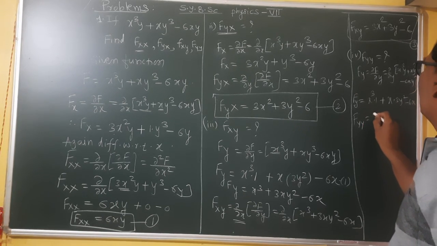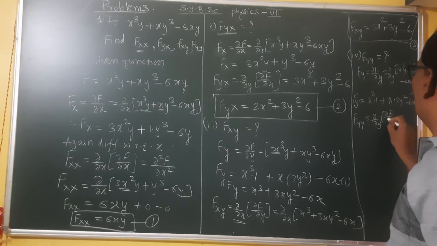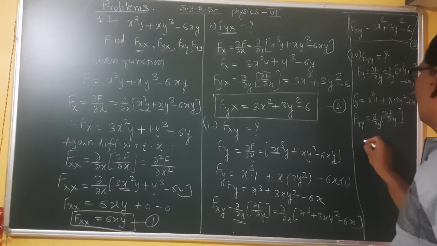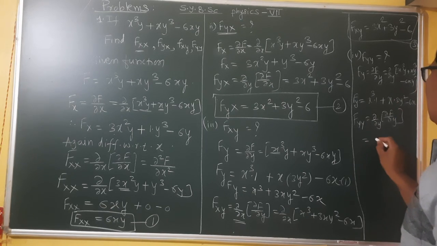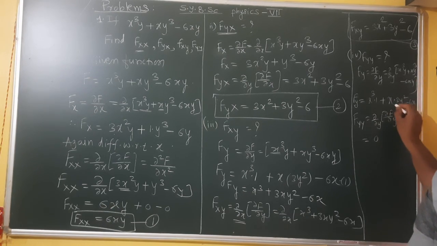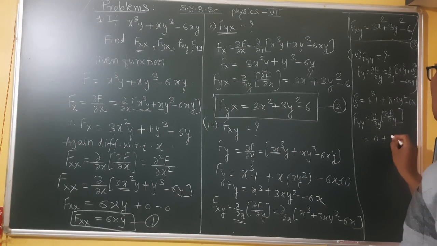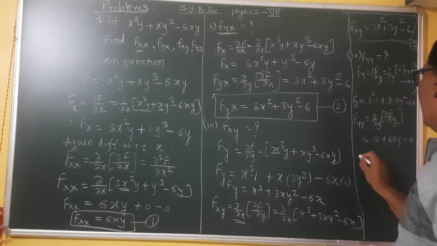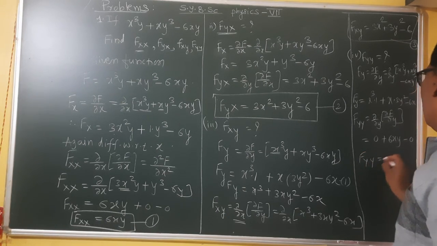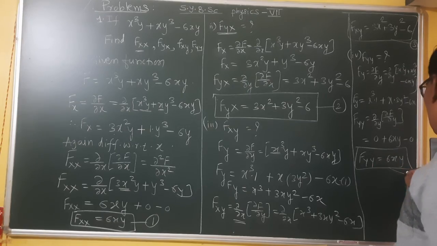Finally Fyy is equal to dou by dou y into dou f by dou y, and that is equal to, with respect to y's derivative, first is 0, again 3 into 2, that is 6xy, minus 0, and finally Fyy is equal to 6y, equation number 4.